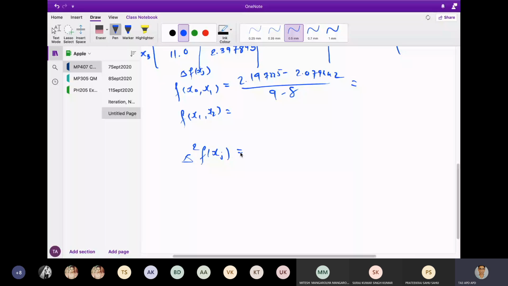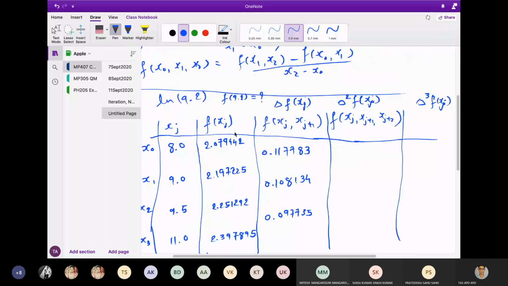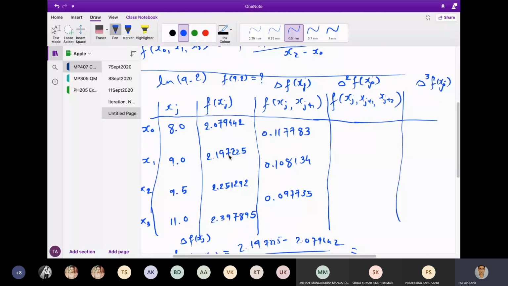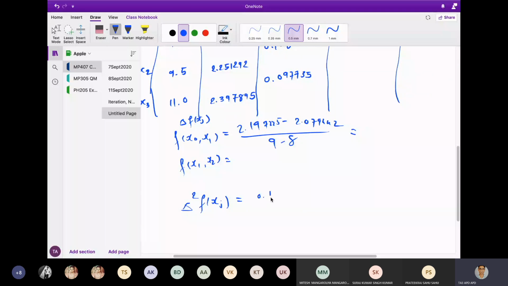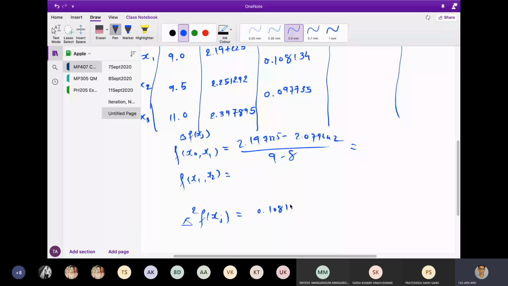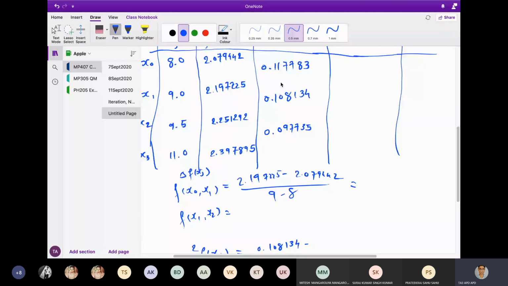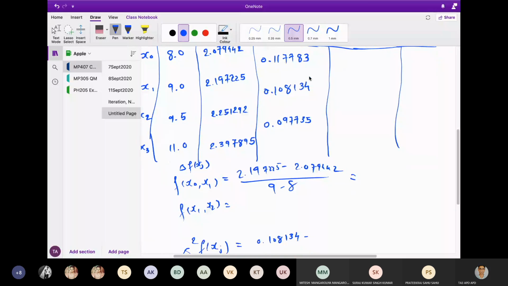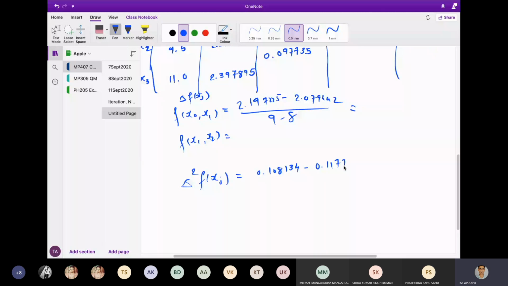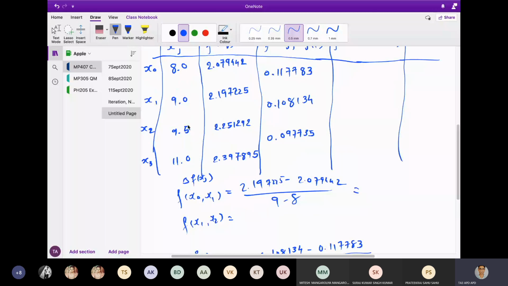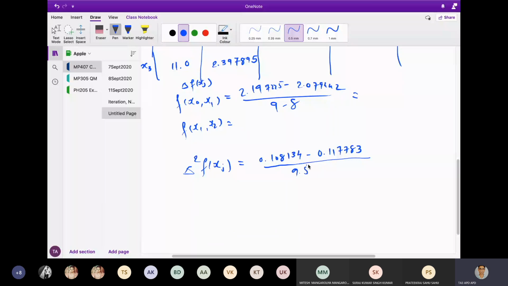So for first coordinate, you will have 0.108134 minus 0.117783. So take the difference of these two divided by 9.5 minus 8. So 9.5 minus 8.0.